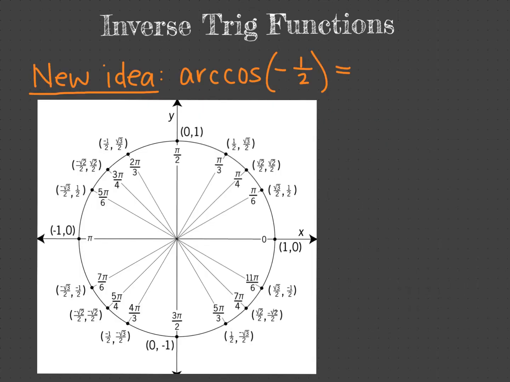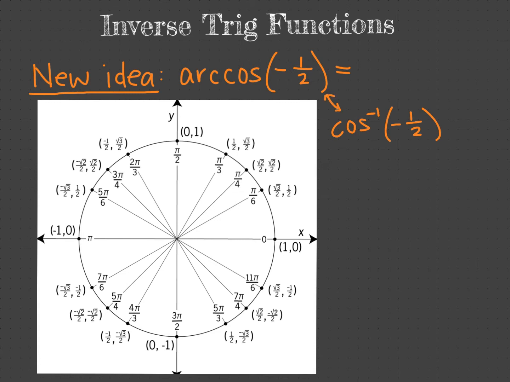Here is that new idea. This is called arccosine. Now, arccosine simply means the inverse cosine and can also be written in a different way that looks just like this. We could also write this as cosine inverse of -1/2. These mean the same thing.